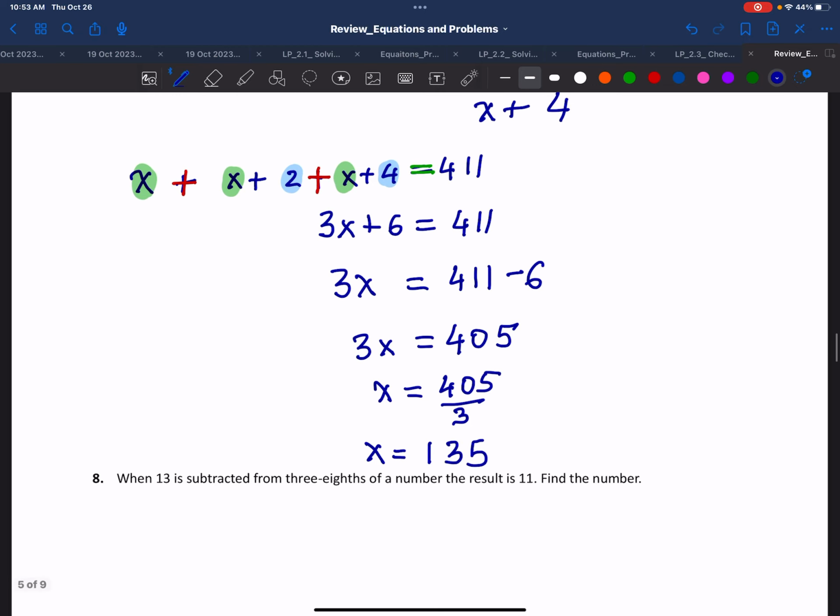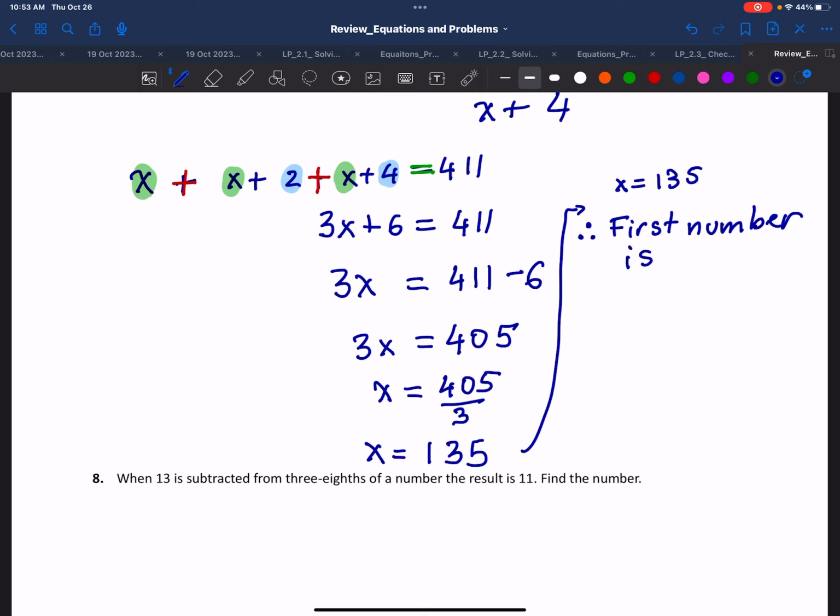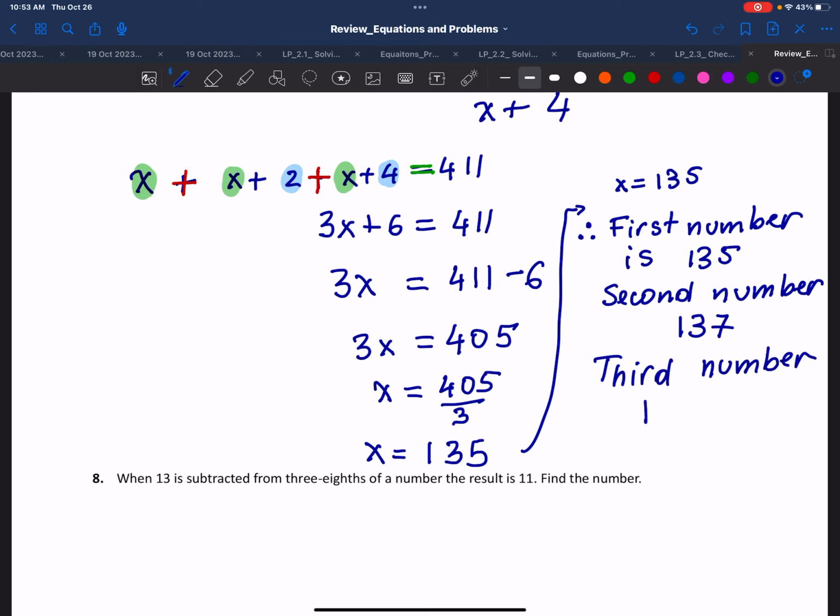So therefore, since x equals 135, it means that the first number is x equals 135. The second number is 2 more, 137. And the third number is 2 more again, which is 139.